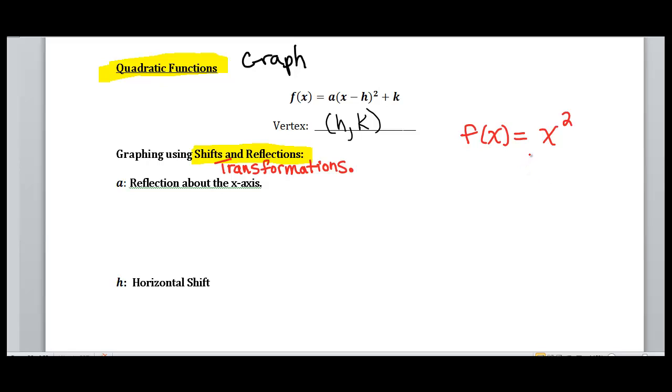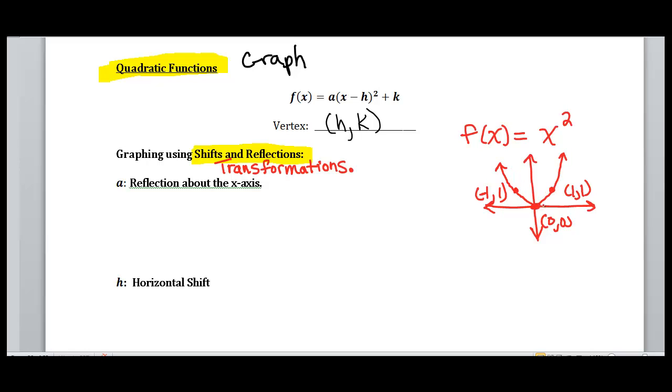If we know the graph of f of x equals x squared, and I'm going to draw this one quickly, you should already have it in your notes. It goes through the point (0, 0), the point (1, 1), and the point (negative 1, 1). And so we'll have a parabola here.